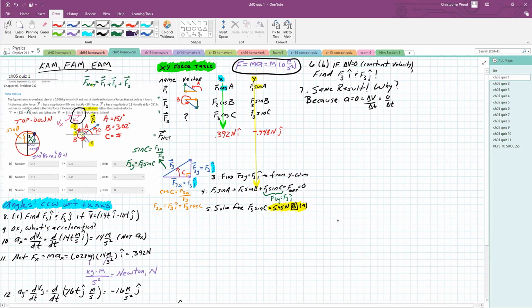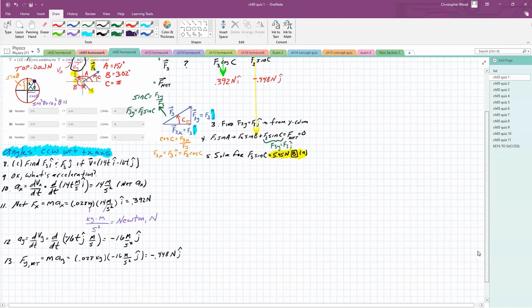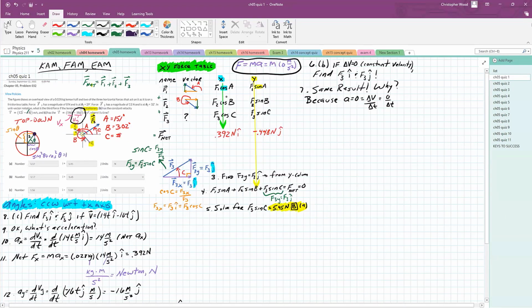So I'm on step 14, changing colors. All right, step 14 says add up the X column.